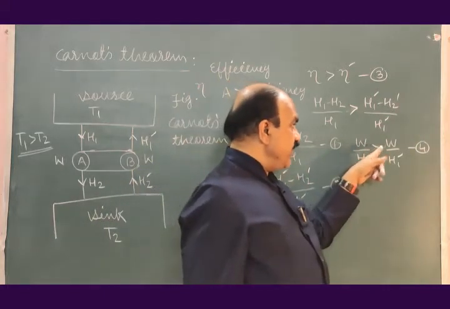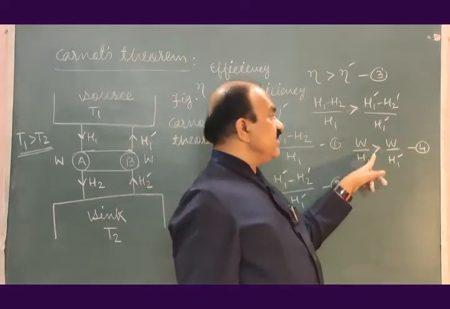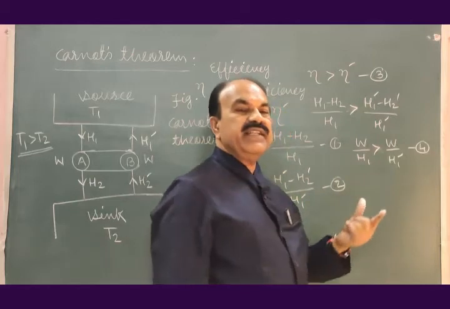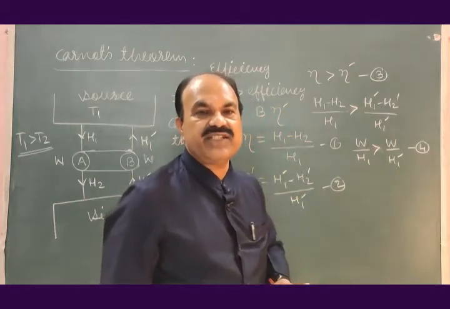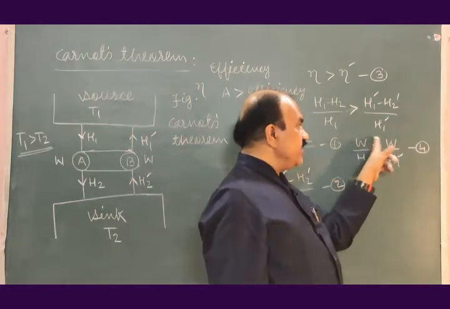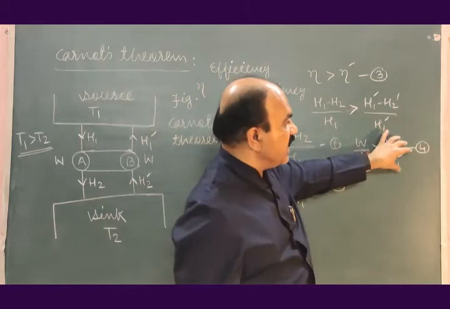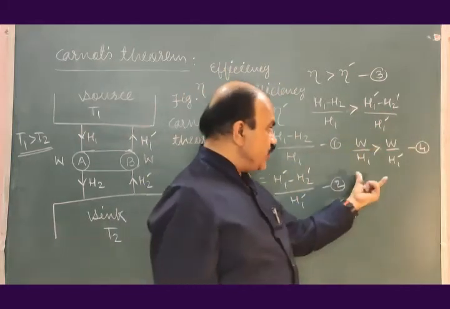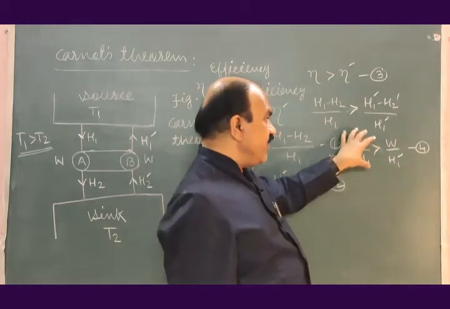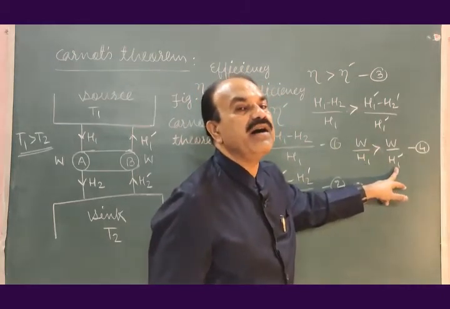If W is the same, for W by H1 to be greater than W by H1 dash, what should be the relation between H1 and H1 dash? The figure in the numerator is the same. We want the first figure to be more than the second figure. How should the denominators of these two be? If we want the first figure more, the denominator of the second figure should be large.